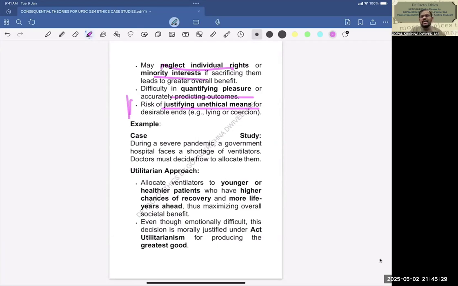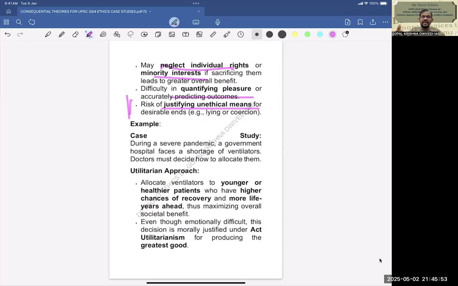Now let us take one or two examples and understand how we will apply this. For example, during a severe pandemic, a government hospital faces a severe shortage of ventilators. It happened in COVID-19 also; all of us faced this situation. Doctors must decide how to allocate them.